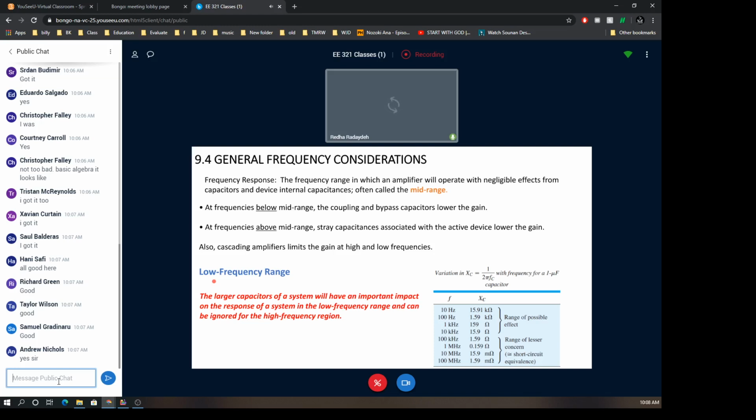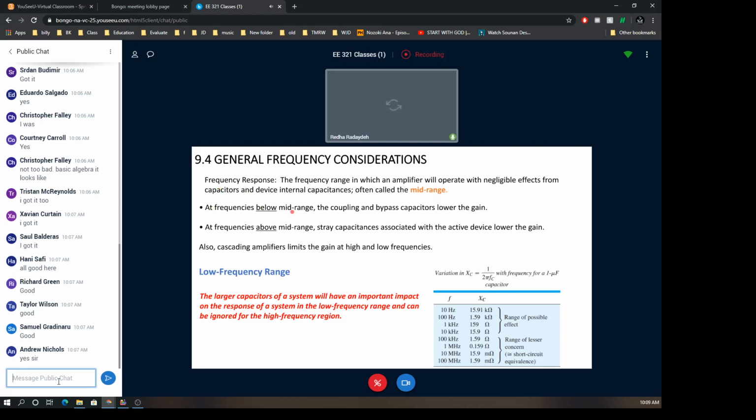The frequency response of an amplifier is the frequency range in which an amplifier will operate with negligible effects from external capacitors and device internal capacitors. And this range is often called mid-range.